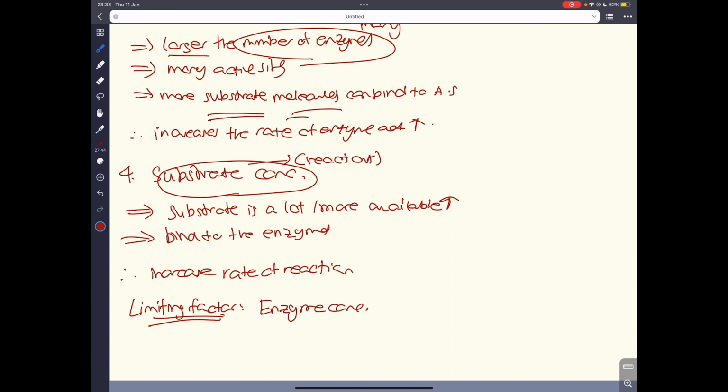Now, let's think about it this way. If there are many substrates but few enzymes, there are not enough active sites for the substrate to bind to, and therefore the rate of reaction will actually not be quicker, but instead it will be slower than if there were less substrate.